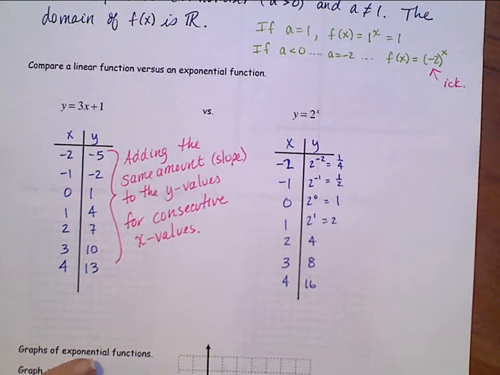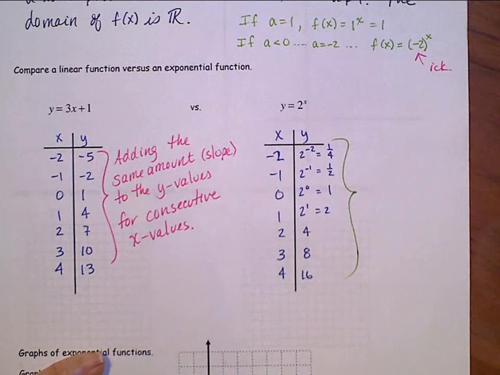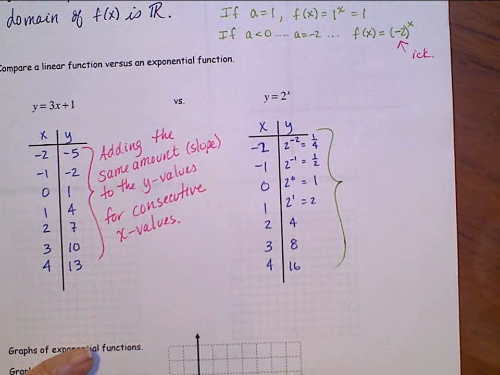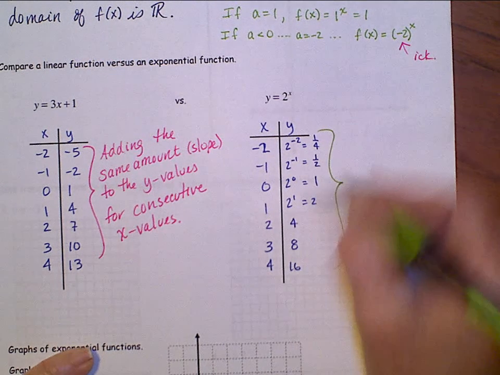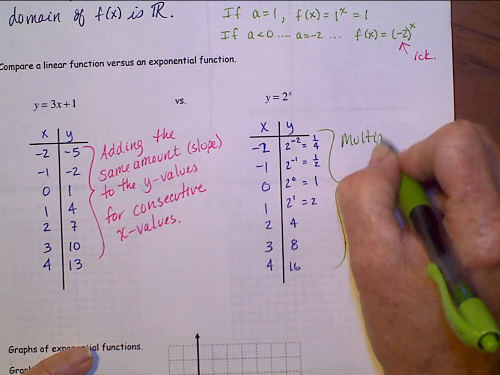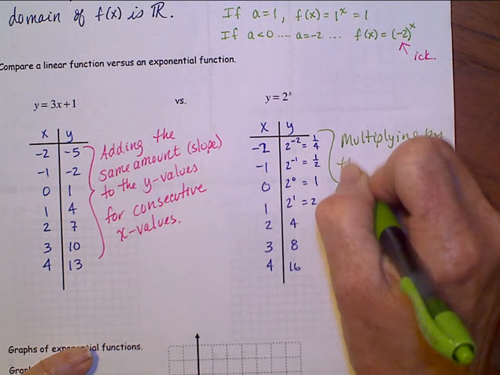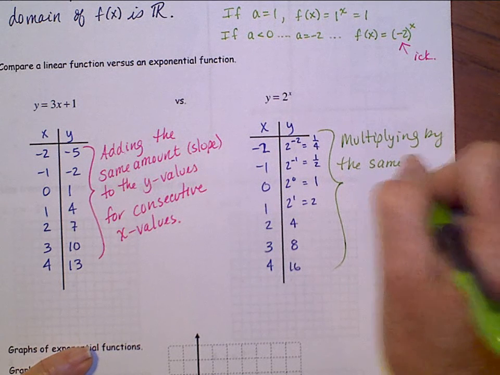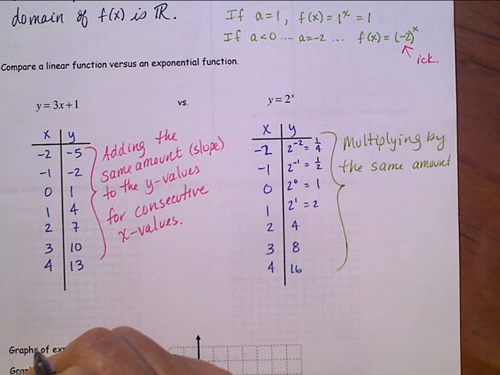Now let's take a look at what's going on over here in the exponentials. In the exponentials, we're not adding the same amount this time. What are we doing? We're multiplying by the same amount. And what was that same amount for this one?